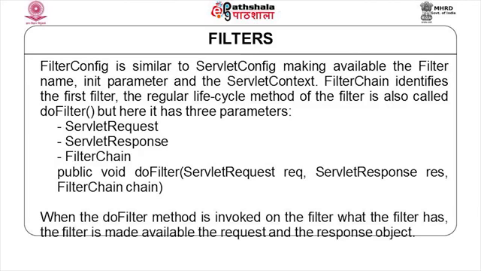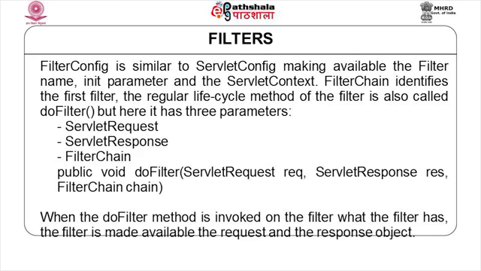The idea here is, when this doFilter method is invoked on a particular filter, the filter is made available the request and the response objects. It can look at the whole request and see what information is coming from the client.